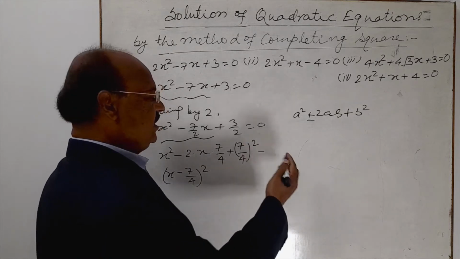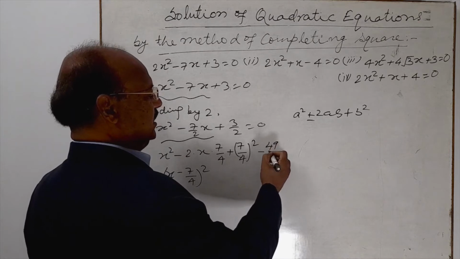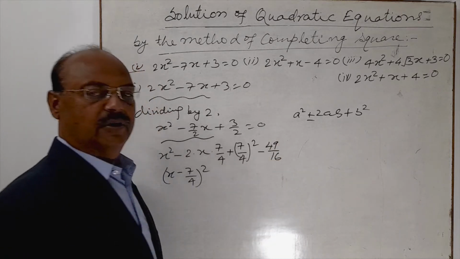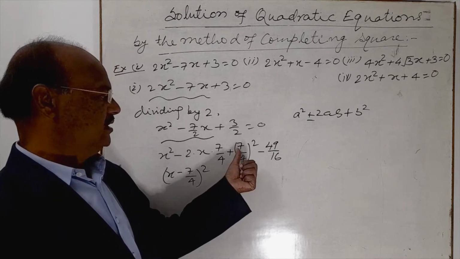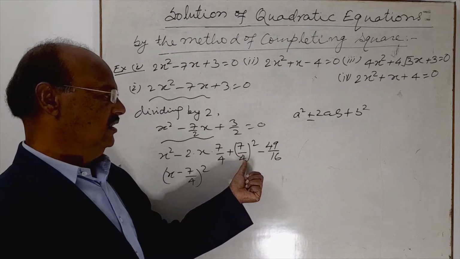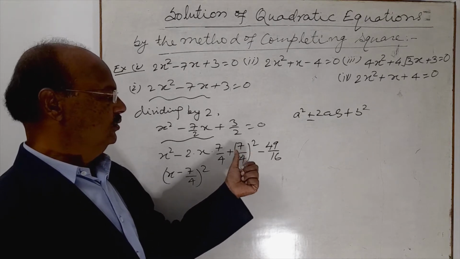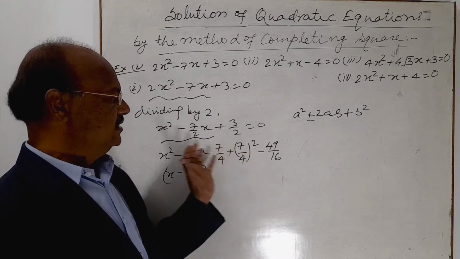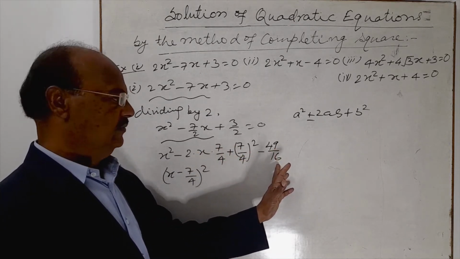So we subtract 49 by 16. Why minus 49 by 16? As we discussed, 7 by 4 whole square means 49 by 16, which we added, so for balancing the expression we have to subtract it here.